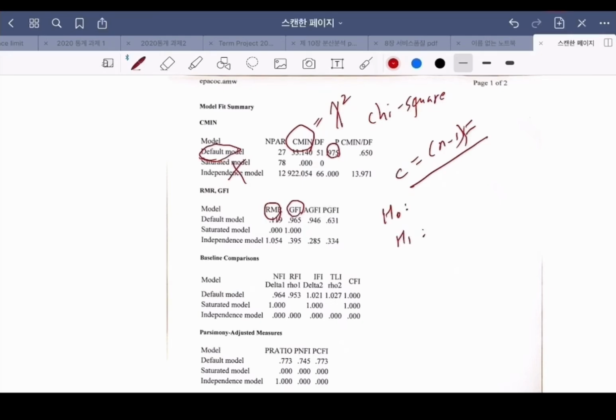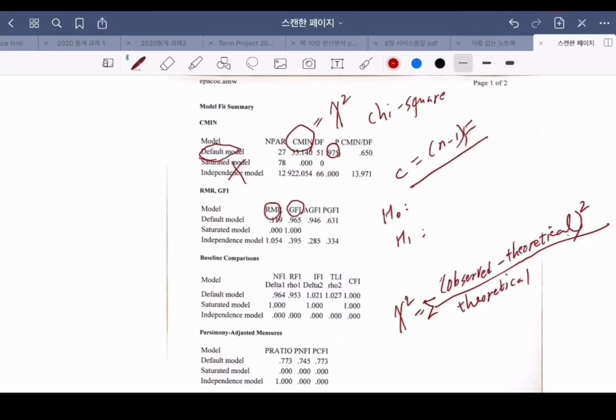Basically, chi-square is like this: the sum of observed minus theoretical, squared, over theoretical.